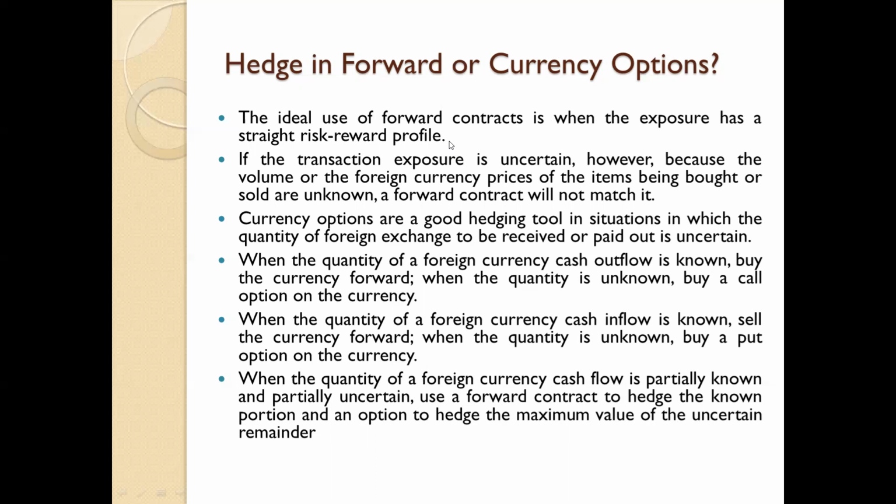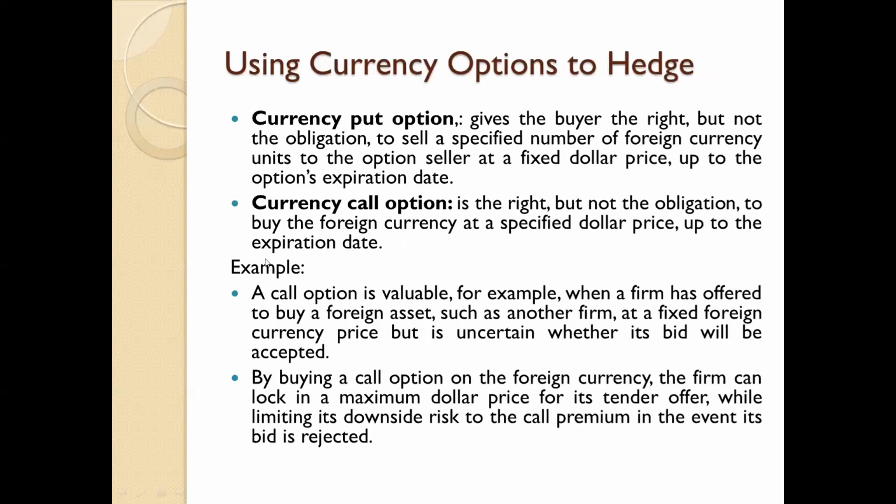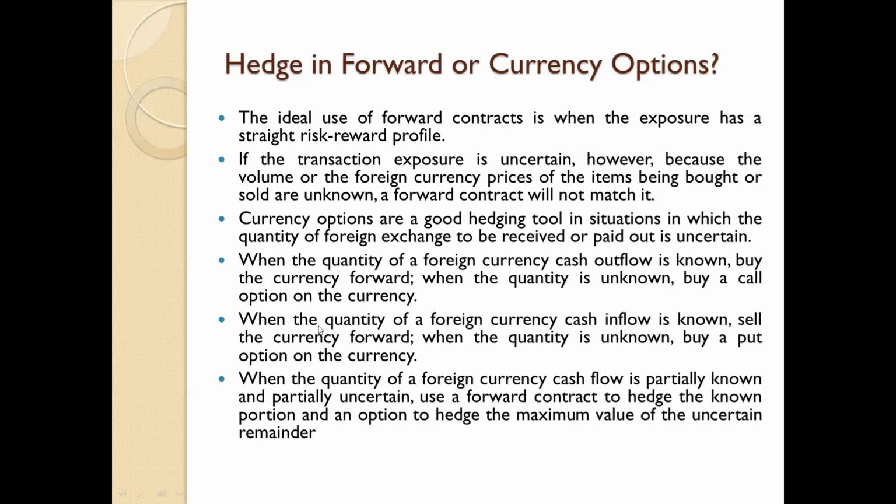At that kind of transaction, we can go with forward hedging. But in what we discussed here, this transaction has some sort of uncertainty, whether we are receiving the bid or not.